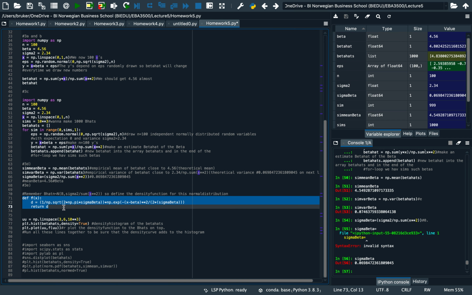And so then I run this, and then I have defined this function.